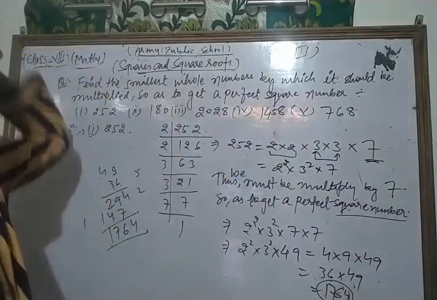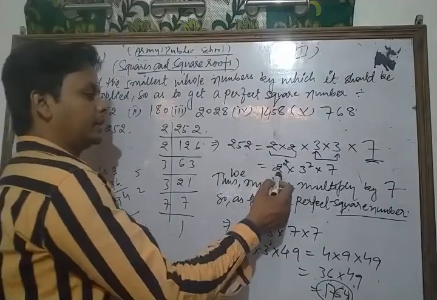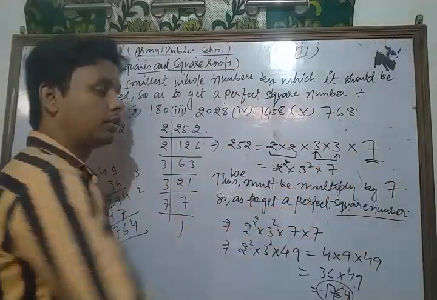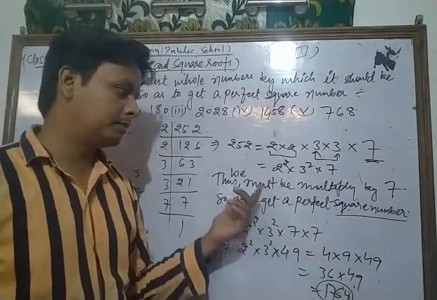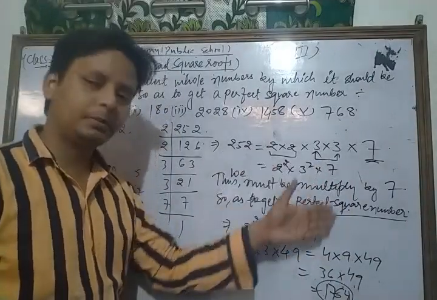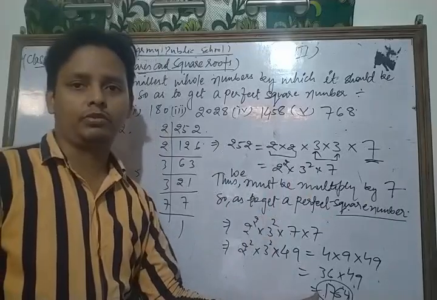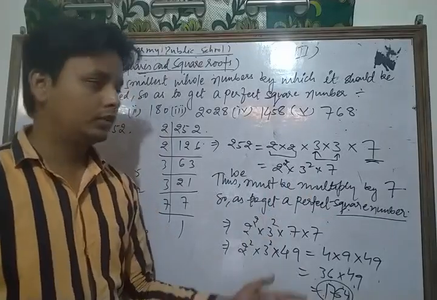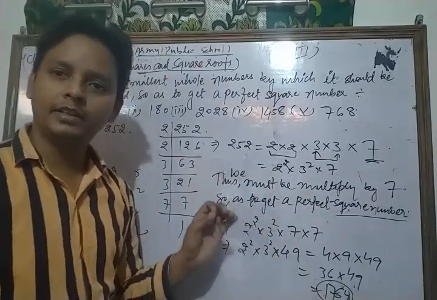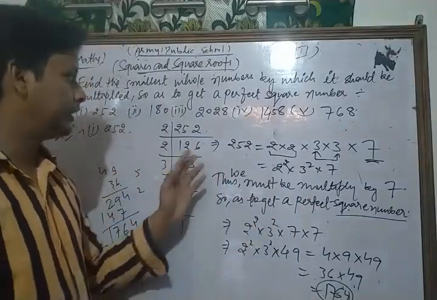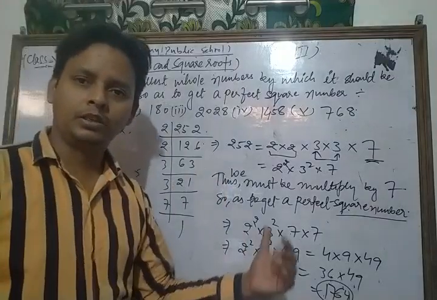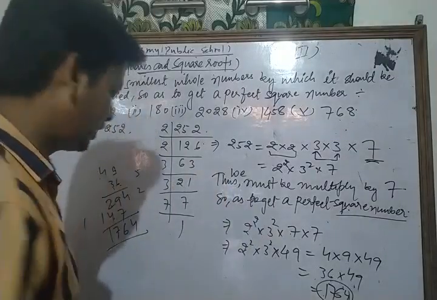After that we form the pairs. So we observe that 2 is in pair, 3 is also in pair, but 7 is not in pair. So we must multiply by 7 to get a perfect square number, and that perfect square number will be 1764. Okay, so in this way you can solve each part of the given question. Now similarly we take and solve some other important next part of that question. Okay, let's see.